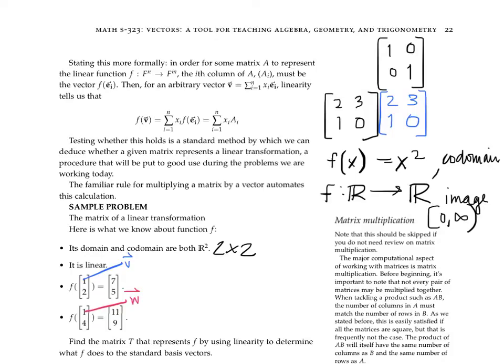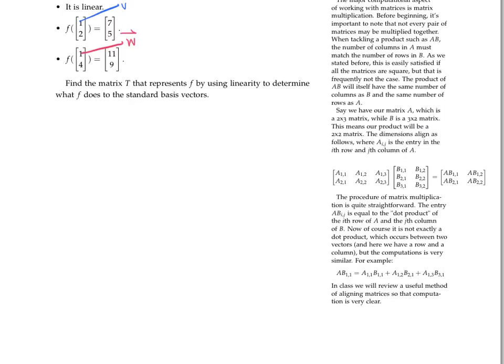Take a moment, try to do some scalar multiples, add, subtract, whatever you need to create the first standard basis vector, 1, 0. All right, how exactly do I do that? Well, I need to zero out the second component. The second component on one of them is 2, and on the other one is 4.